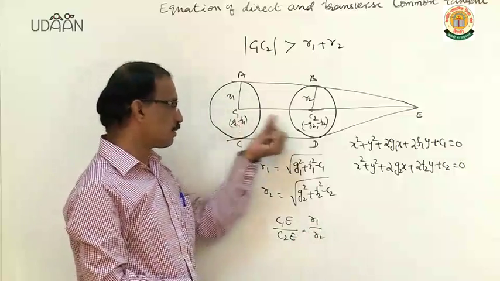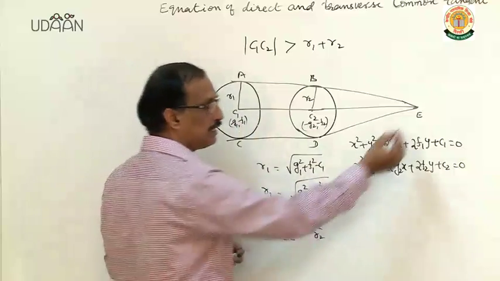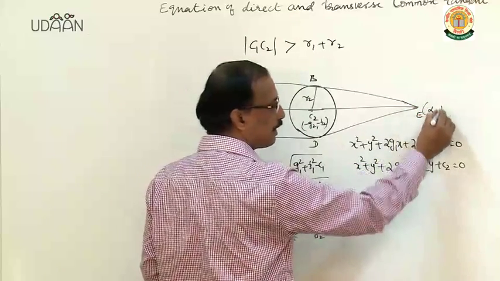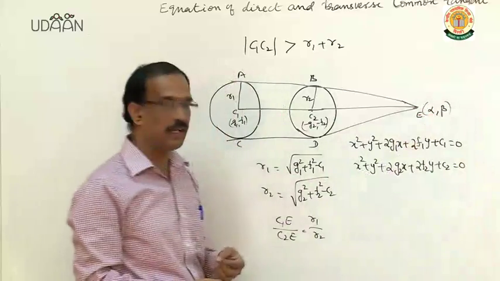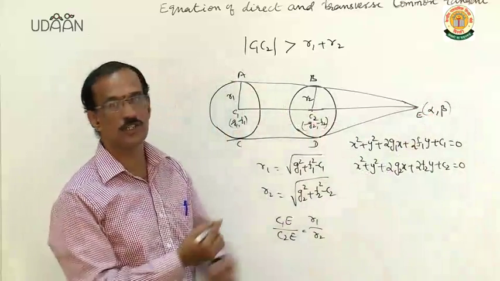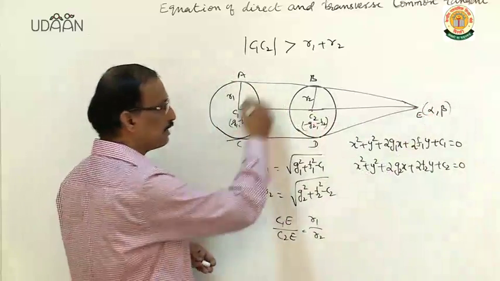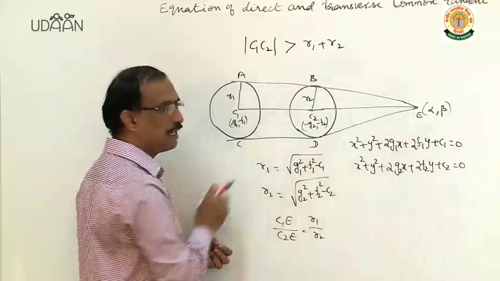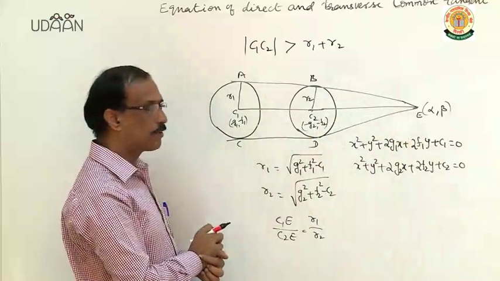We know these two points, and its coordinates we can get by using the section formula, because this is dividing this in the ratio R1 is to R2.